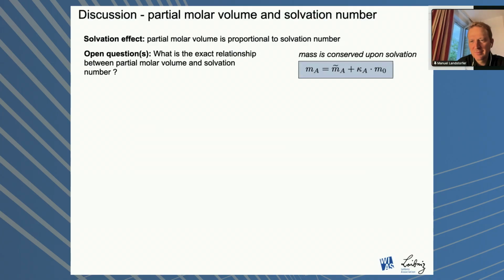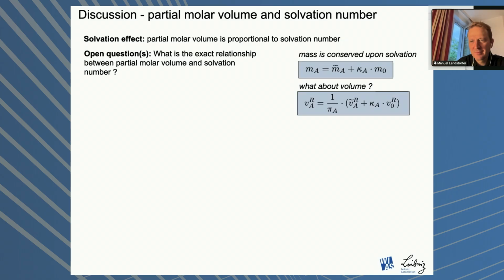One question which then comes up is, what is the actual relationship between partial molar volume and solvation number? Because mass, for instance, is conserved upon solvation. If I give you sodium chloride and a certain amount of water molecules, and you put the sodium chloride in this water, then the mass of both entities before and afterwards of the mixture remains the same. But volume is not necessarily conserved upon solvation.